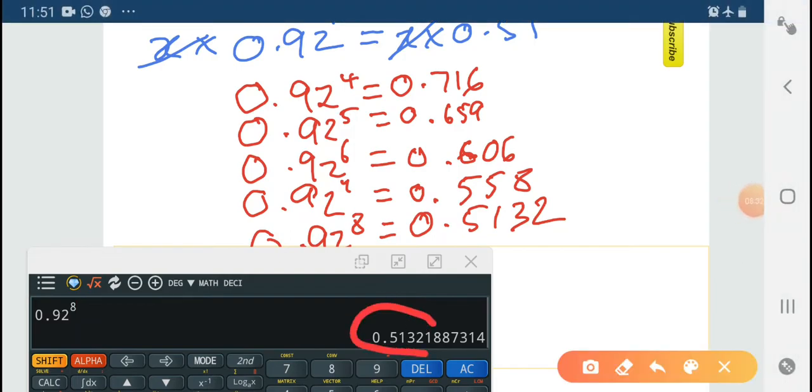On the calculator, you can see that 0.5132. And at last, it is below the 0.51 that we wanted, or close to 0.51. So it would have taken 8 years for the value to reach 51%.